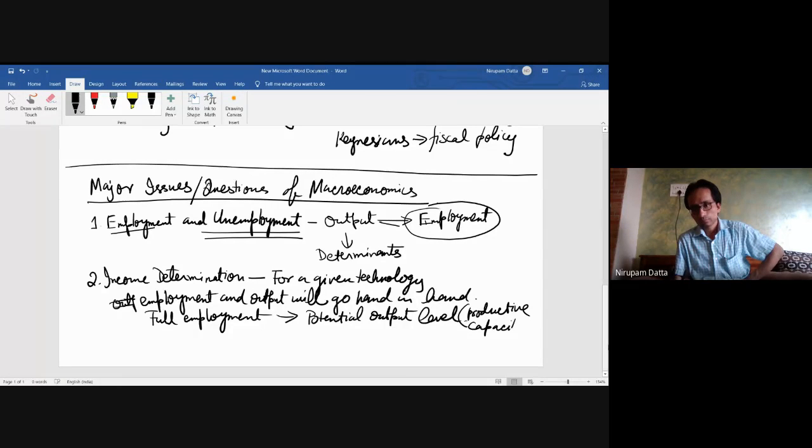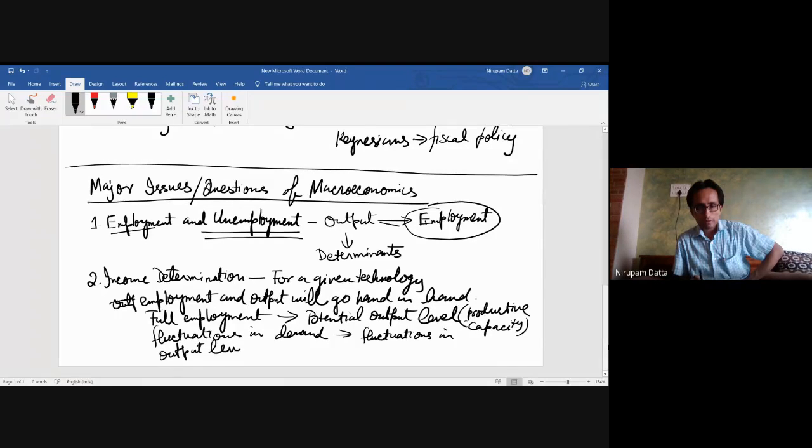Now, when there are fluctuations in demand, according to the Keynesian theory, it will lead to fluctuations in output level.